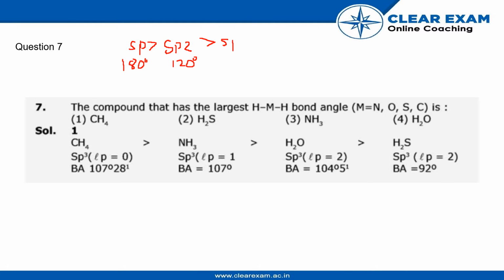Then we have sp3. The compounds with sp3 hybridization have 107 or 109 degrees of bond angle.